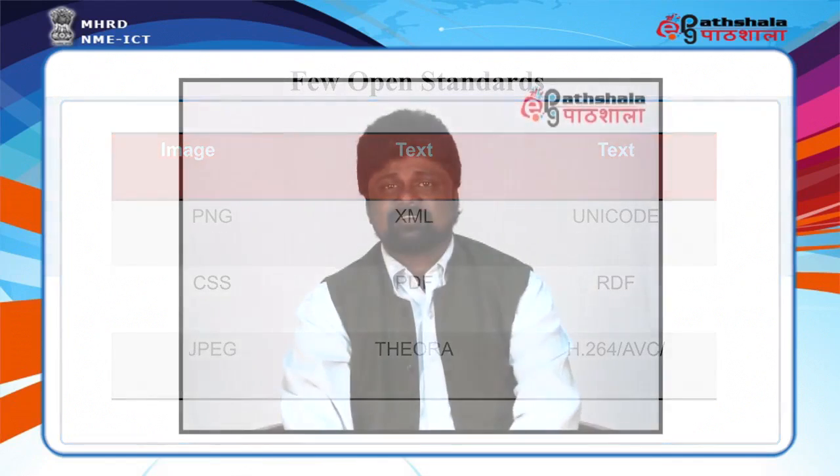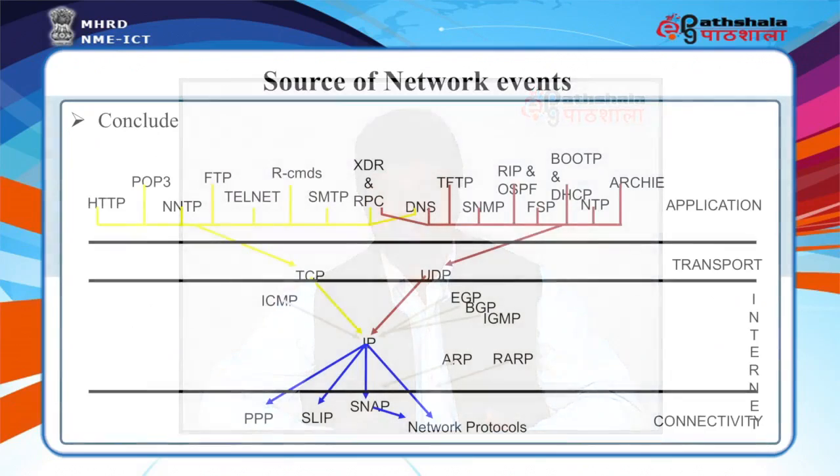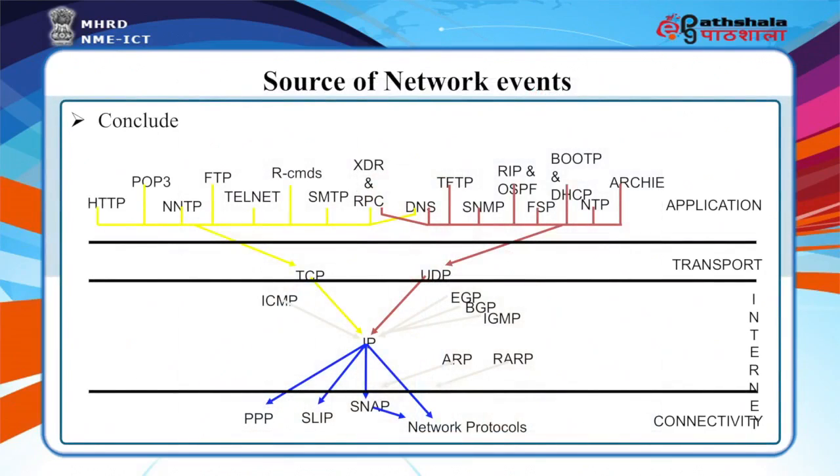So to conclude, we have discussed network protocols. In network protocols, we have discussed the basic protocols used in networks, application protocols, and other associated protocols. We started from the OSI model, TCP/IP, then SMTP, HTTP, and the last slide shows many protocols in various areas, at various levels: transport layer, application, internet layer.